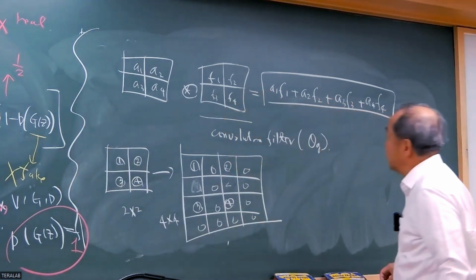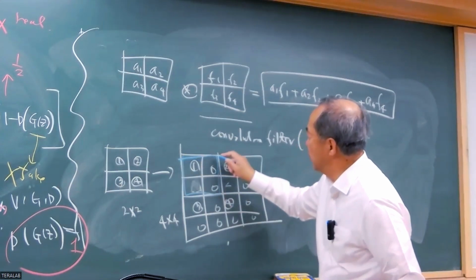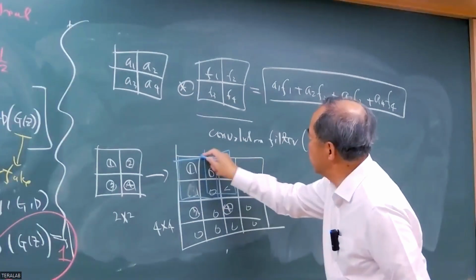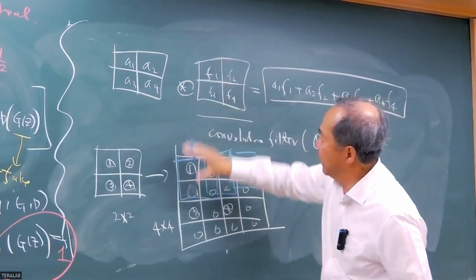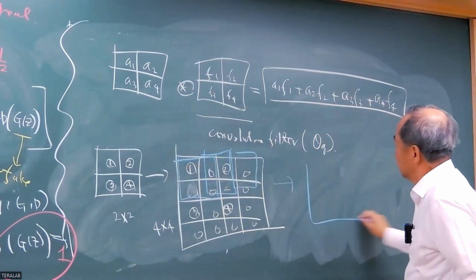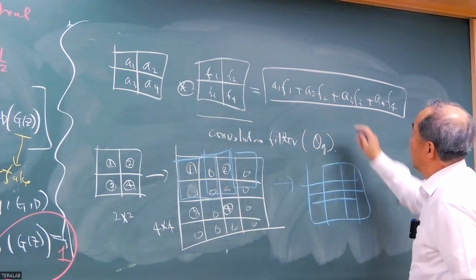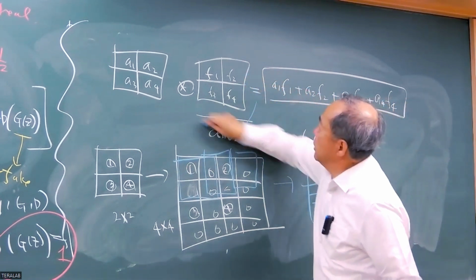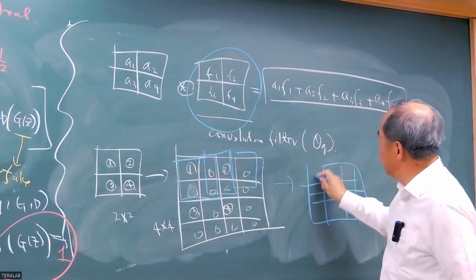Then they are applying this convolution. One step by one step, they are applying the filter, and they get new matrices. This is a kind of filtering window. They are applying the convolution, and they get a new number.